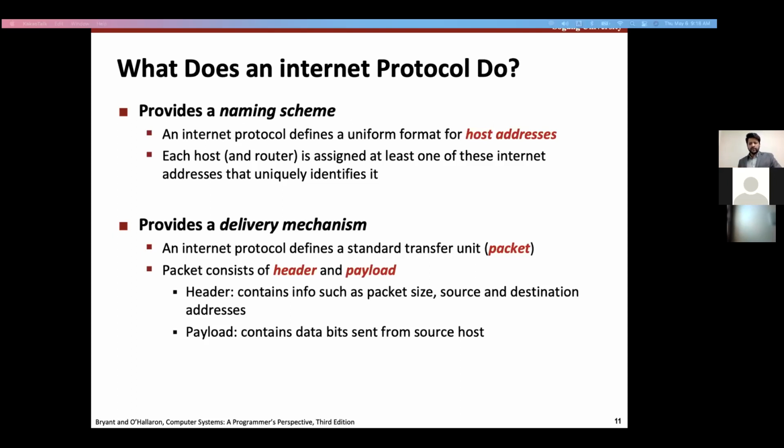They have different and incompatible ways of assigning addresses to the hosts. And the internet protocol smooths these differences by defining a uniform format for host addresses. Each host is then assigned at least one of these internet addresses that uniquely identifies it. And what about the delivery mechanism?